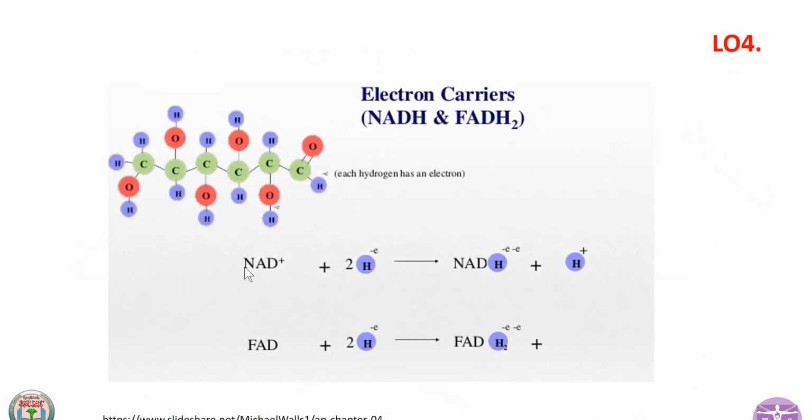And these act as carriers for the electrons in these reactions, such as NAD+ plus 2H converted to NADH plus H+, or FAD with two hydrogen atoms converted to FADH2. This is the oxidized form, and this is the reduced form. It will be returned and converted to its oxidized form when it passes through an oxidation reaction.